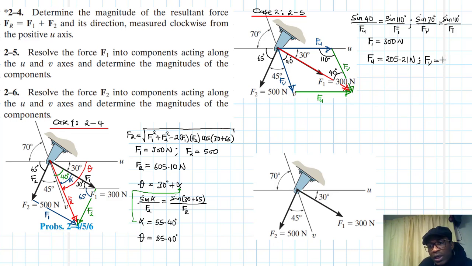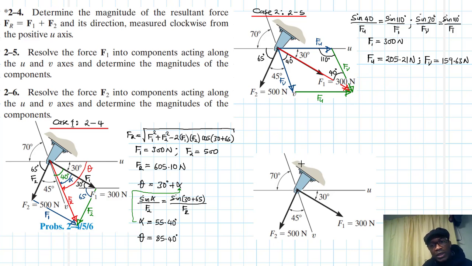So this gives us 159.63. Okay, so we found Fv and Fu. 300 sine 30 divided by sine 110, 159.63. Great. So found this part.